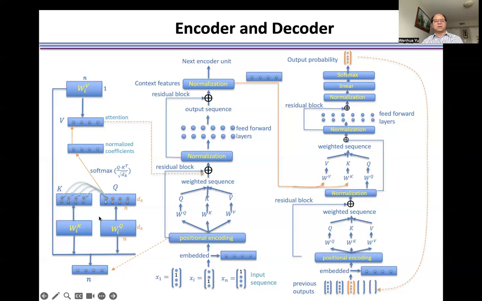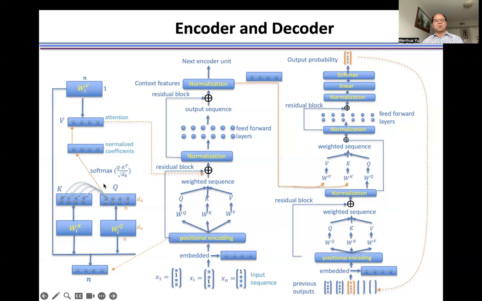The self-attention module uses the embedded features as the input. We define 3 matrices: one is WQ, one is WK, and one is W value. We use these 3 matrices to operate with the input embedded sequence to generate the matrices Q, key, and value.